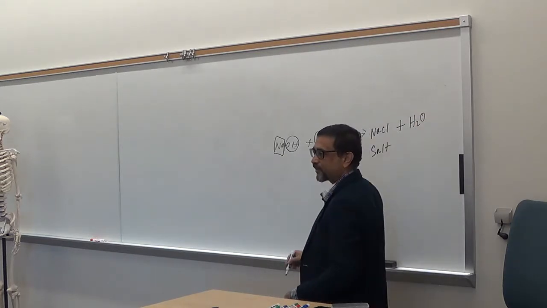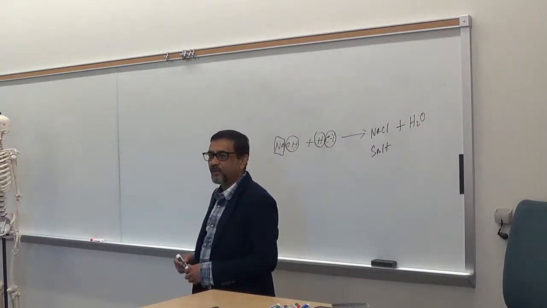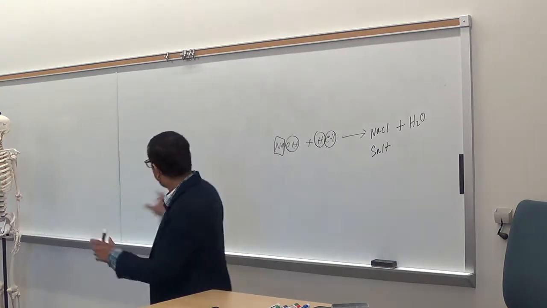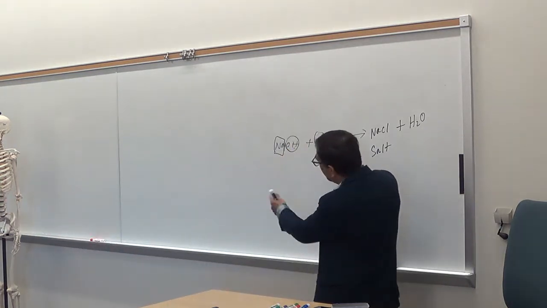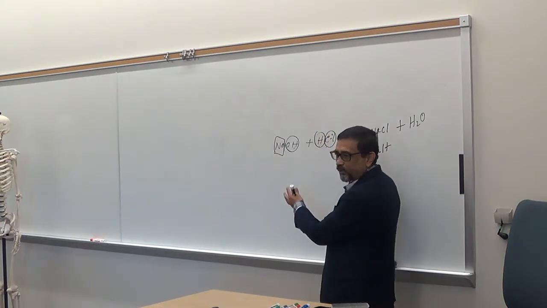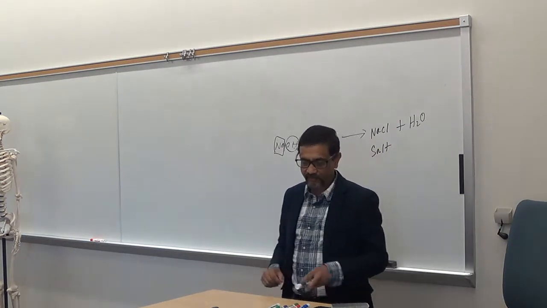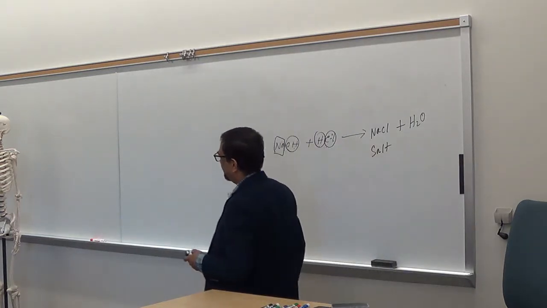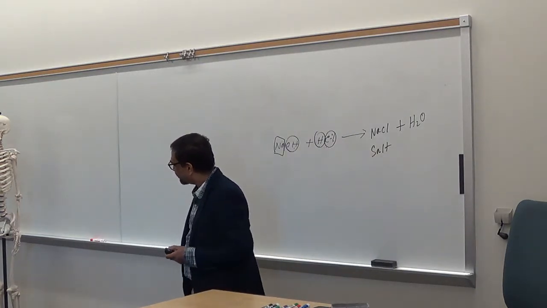H2O. Make sense? So that is water. So you see these two chemicals are exchanging their parts, right, to produce new chemicals. So that is an example of exchange reactions.